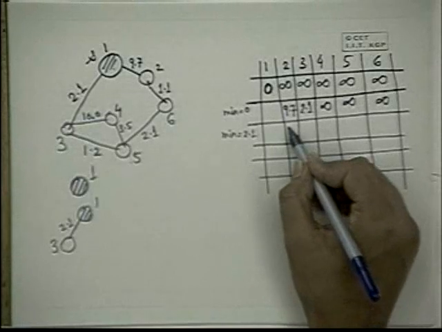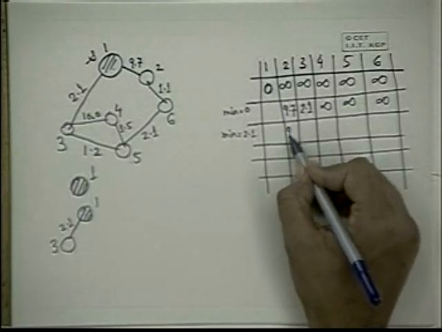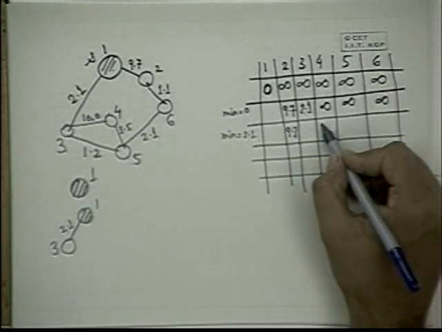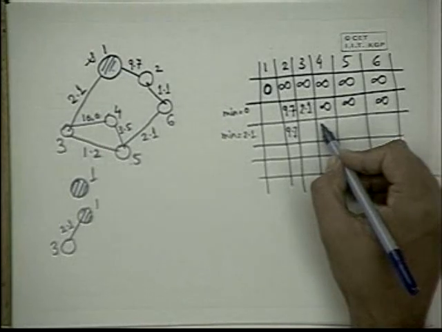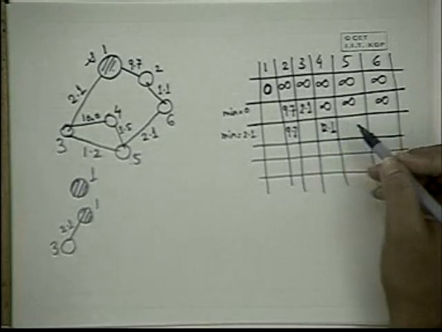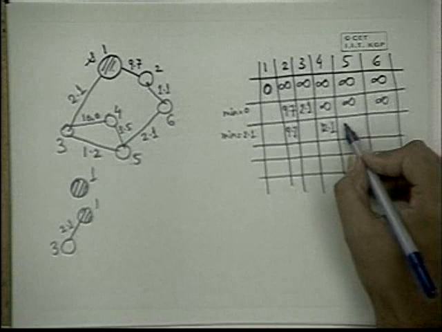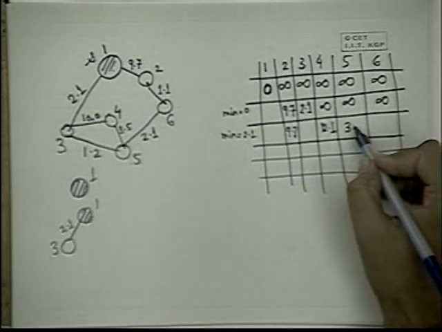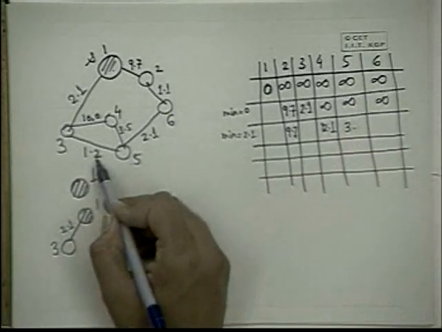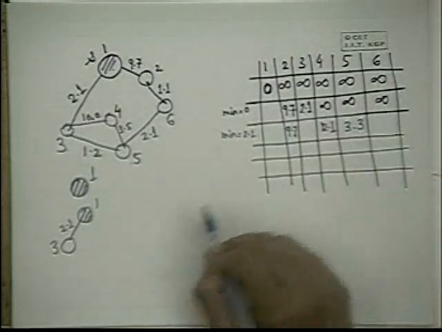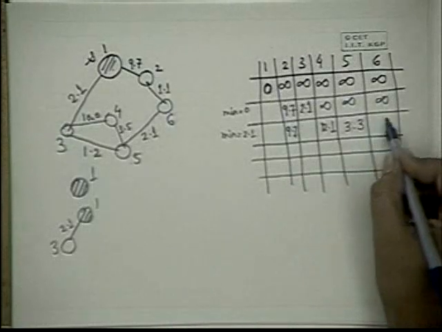So 2 will remain 9.7, 3 has been chosen, 4 will be updated to 12.1, 5 will be updated to 3.3, and 6 will remain as it is.